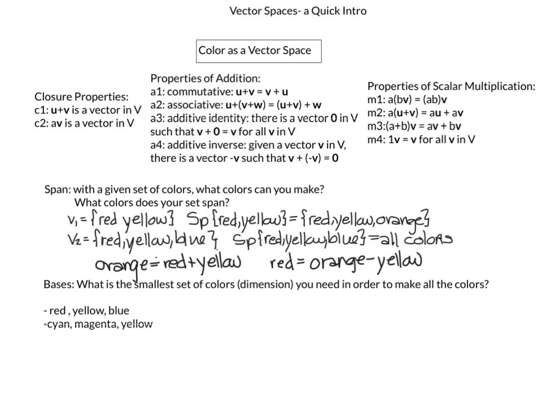And we can also, if we want dark orange, put 2 times red and 1 times yellow. So orange is a linear combination of red and yellow, and red is also a linear combination of orange and yellow. But orange is not a linear combination of blue with yellow. There's no way we're going to get orange out of blue and yellow.